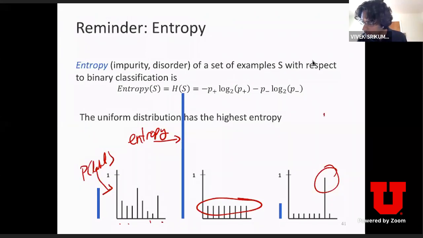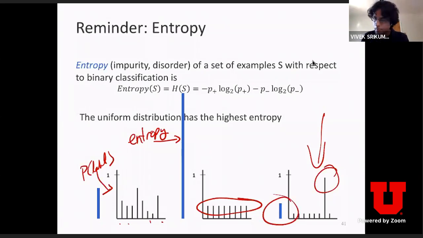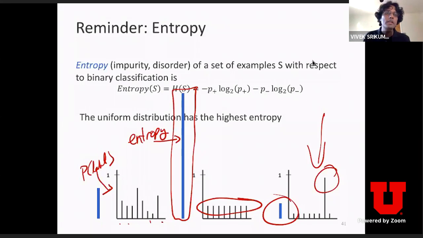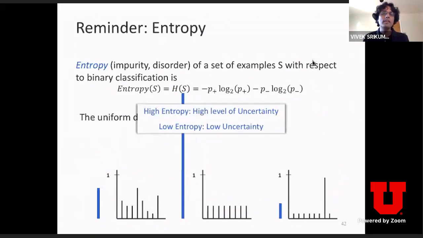Whereas in this case here, one label, the circled one, is far more likely to happen than the other. And that's why the entropy here is low. With the uniform distribution, the uncertainty is high and the entropy is high. So that's the high level interpretation of entropy. High entropy characterizes high uncertainty. Low entropy characterizes low uncertainty.